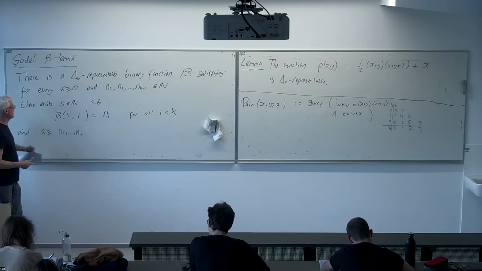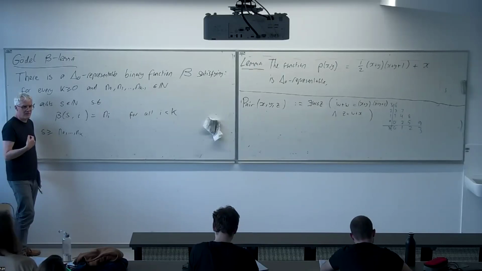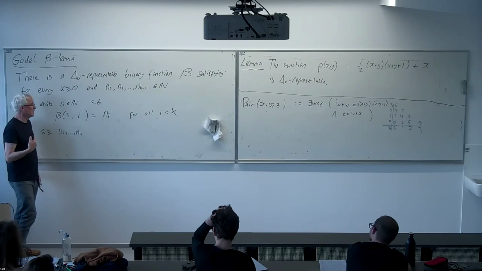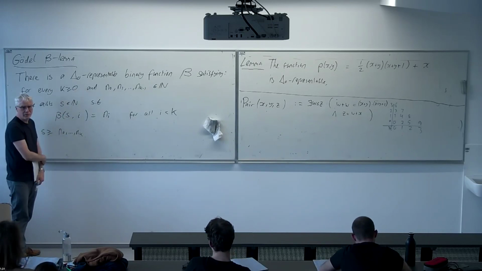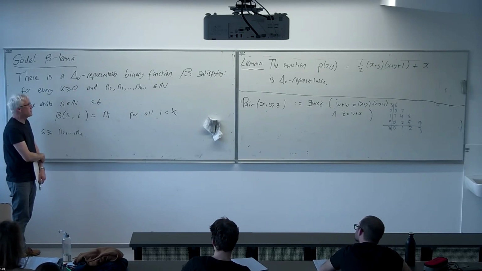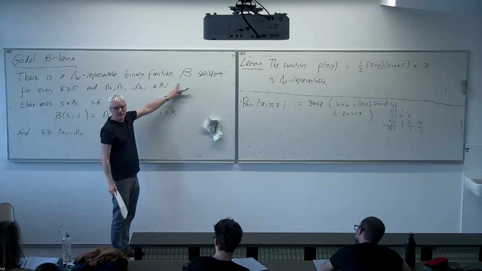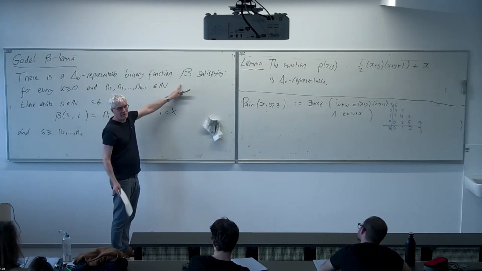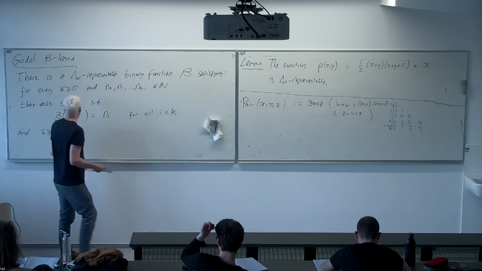So the way to understand this is we're giving ourselves a way of encoding finite sequences via a delta zero formula. The delta zero formula represents the function beta that allows us to decode a numerical representation of a finite sequence.